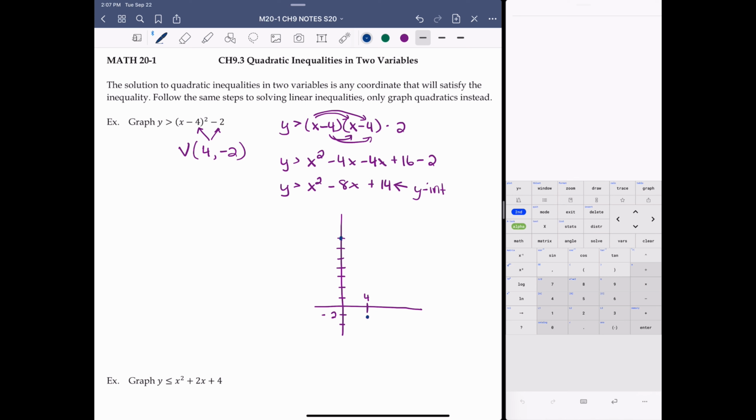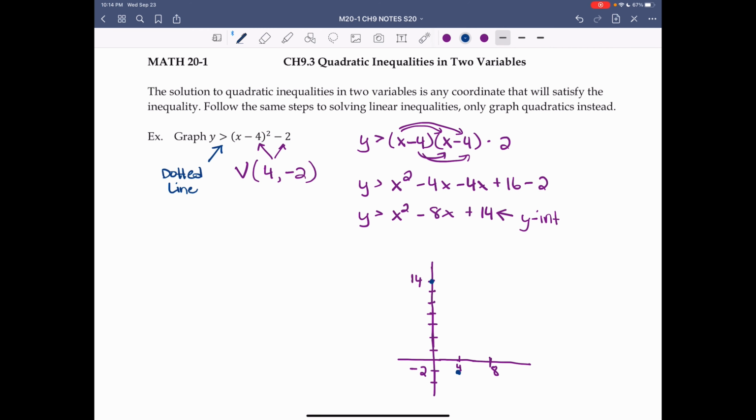And then we have to decide, like with the linear inequalities, do we have a solid line or a dotted line? We have an inequality that does not include the equal sign, which means we have a dotted line. We know that the point (0, 14), the y-intercept, is 4 units left and 16 units up from the vertex.